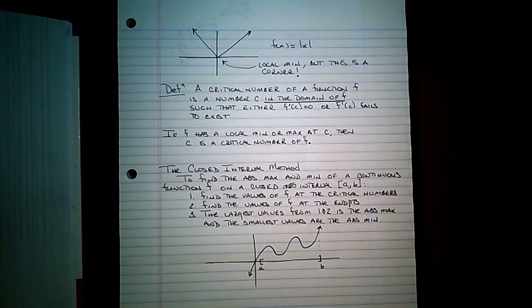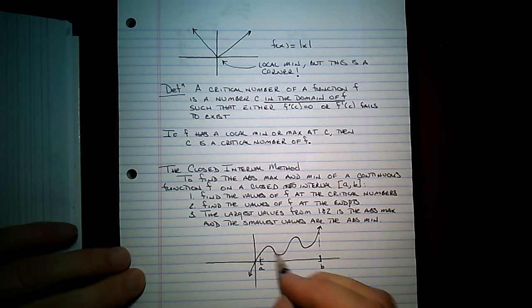Why do we need these steps to find the absolute min and the absolute max? Well, let's take a look at our picture. This is our closed interval. The derivative equaling 0 means that the slope of the tangent line is 0, because the derivative is the slope of the tangent line.